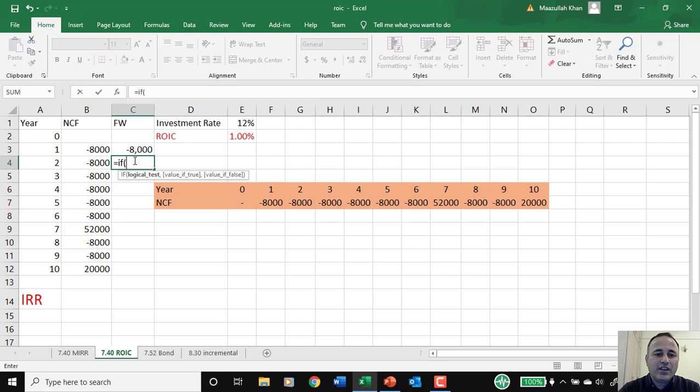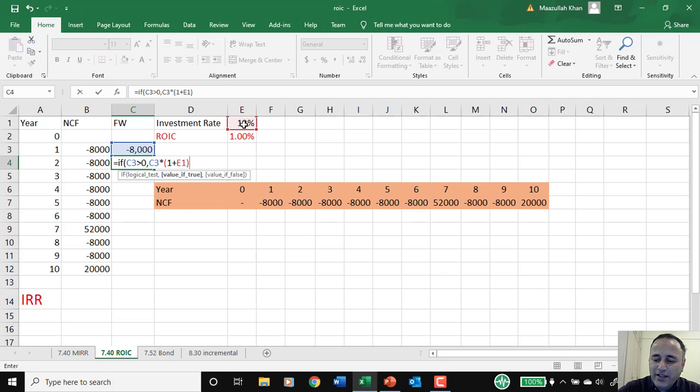If this number is greater than 0, use this number multiplied by 1 plus the investment rate. If it is positive, use the investment rate.